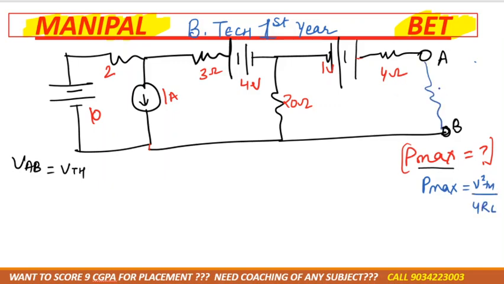Here RL was connected, that is given in the question, that was 8 ohm, and I removed RL for the calculation of VTH, and that is equal to VAB only. So as I told you, whenever there is a battery and the resistance in between, mark one point between them, A, C, D. Okay.